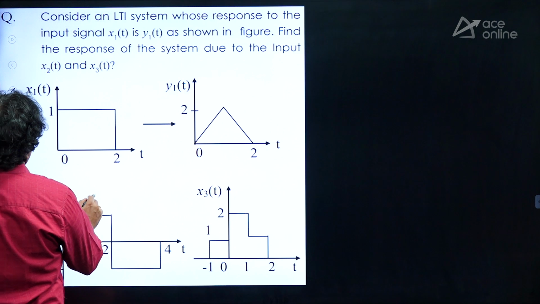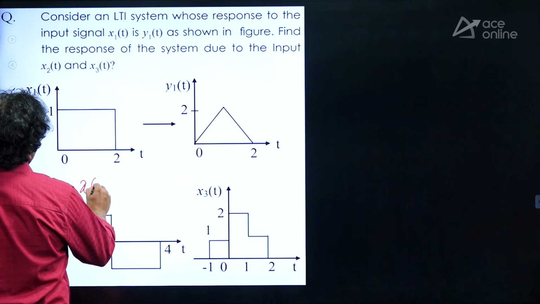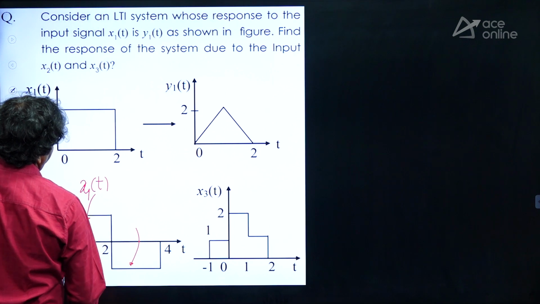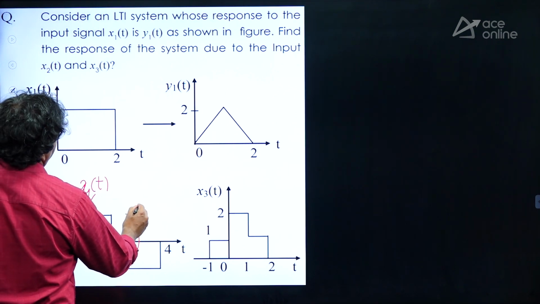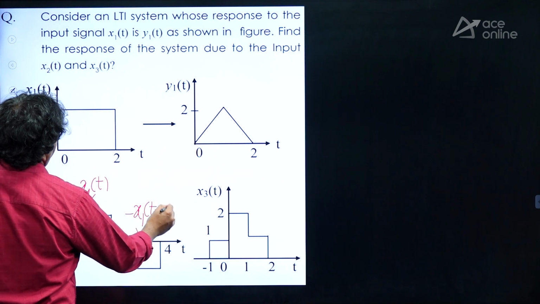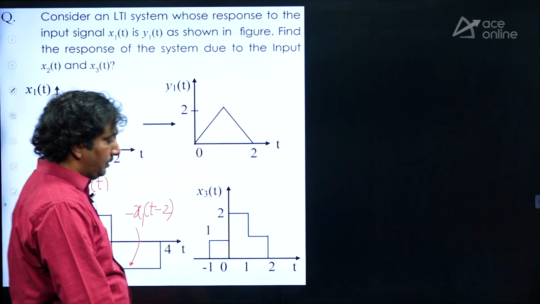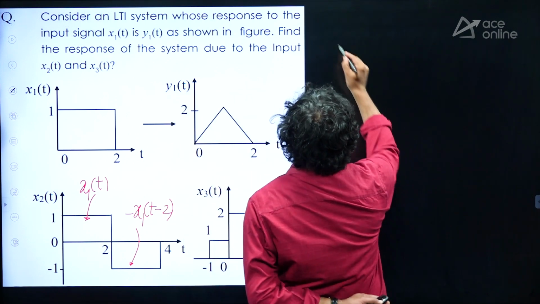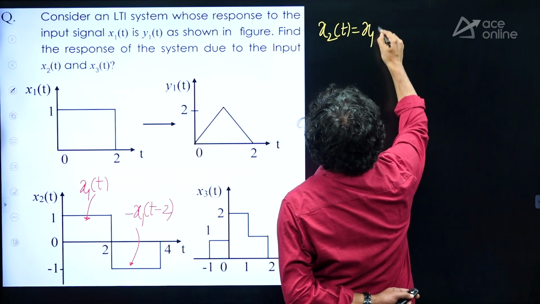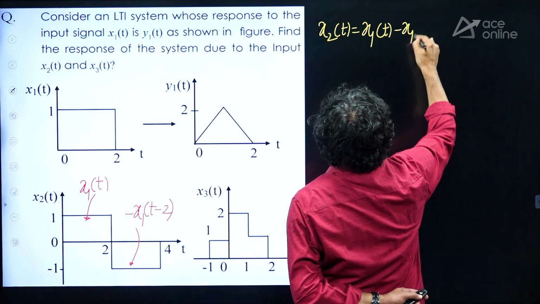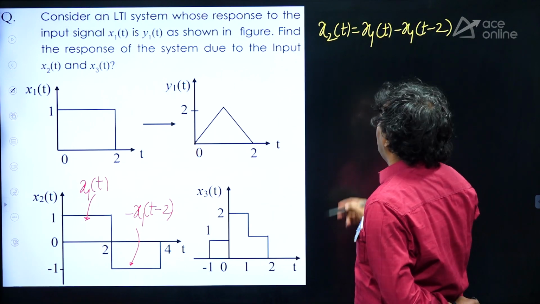When you see the upper segment of x2(t), you can feel it is like x1(t), but the lower segment of x2(t) is a shifted version with amplitude scaling. Try to express the relation between the inputs. We will get the relation between outputs. What is the LTI system property?